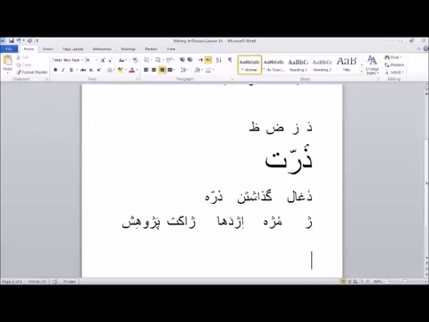Another letter which is rarely used is in Arabic. Okay, but pronounced as s. The example would be sabun. Sabun means soap. Or sandali.